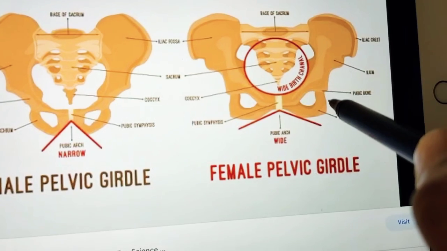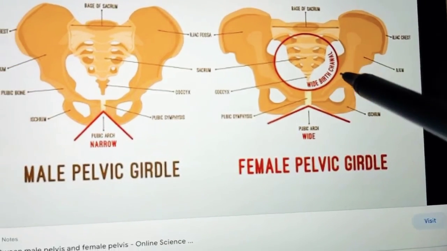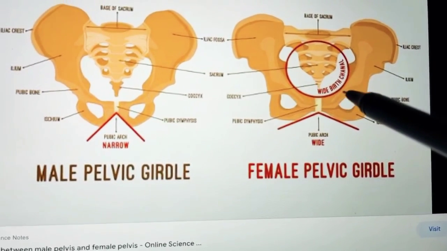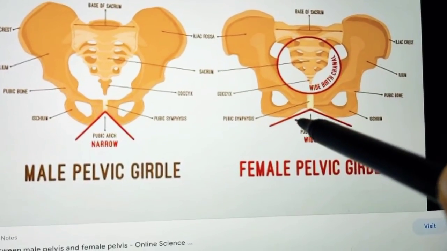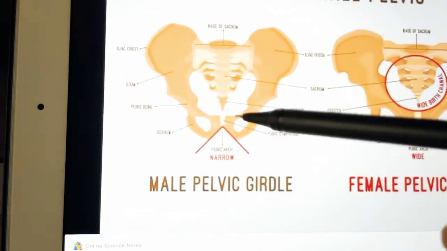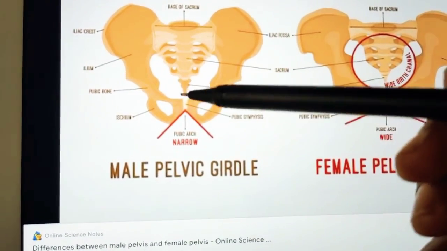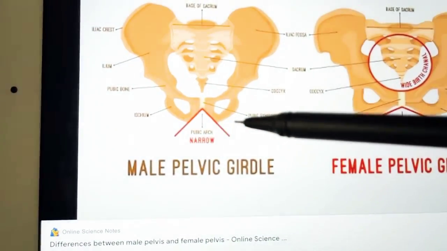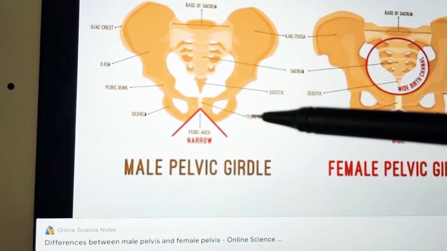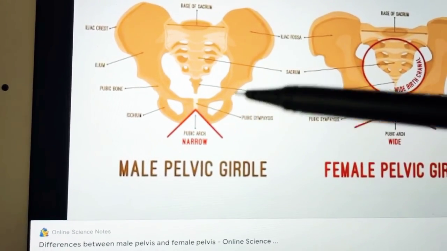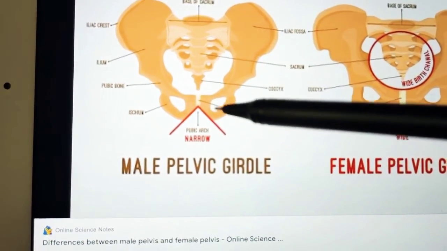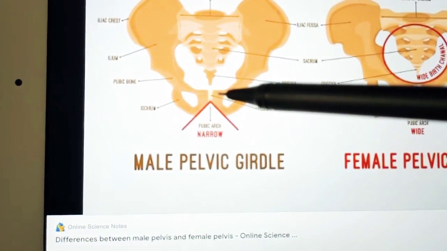The lower margin of the ischiopubic rami is more everted in males. You can see here it is like a butterfly, but here it is more everted, for the attachments of the crus of penis. That is the ischiopubic rami.